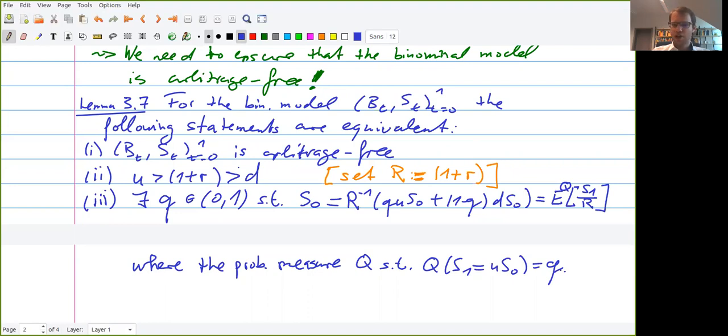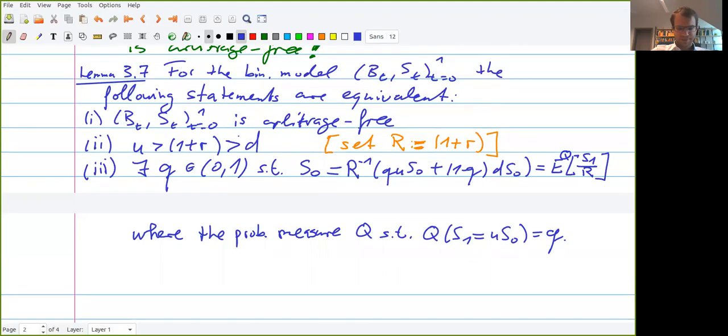So we change the probability on the underlying measurable space. So we replace the measure P by another measure Q. Okay. So this is the first thing we want to prove today.